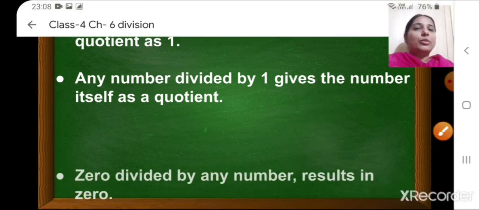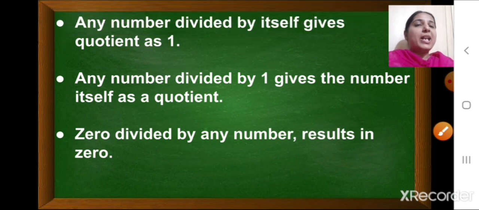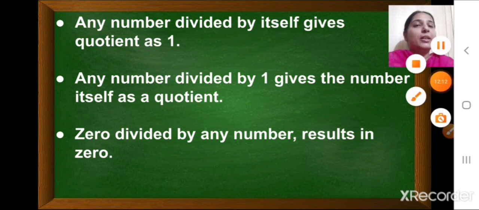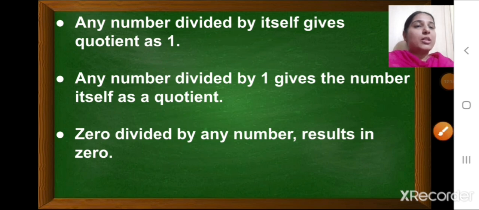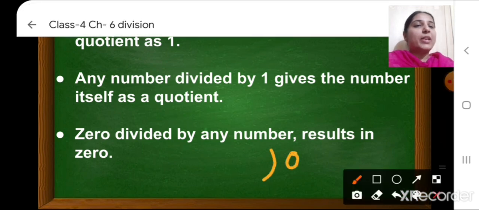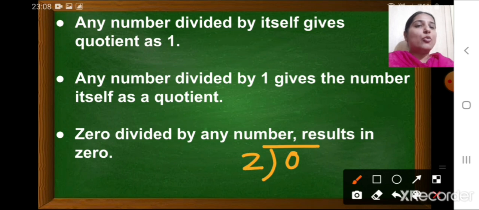Now 0 divided by any number results in 0. Suppose here we have 0 and we are going to divide it by 2, so what will we get? 0 only, isn't it?